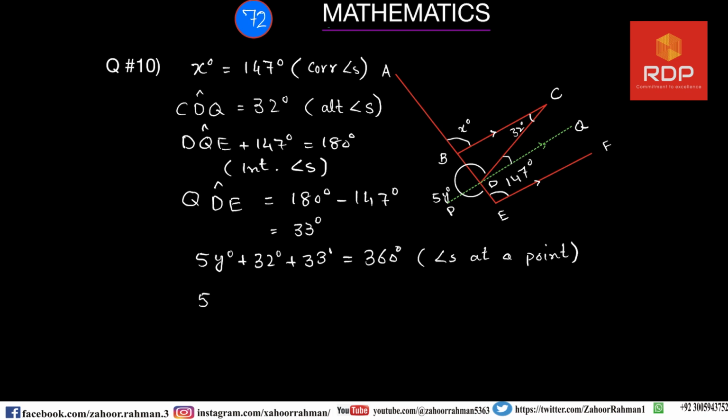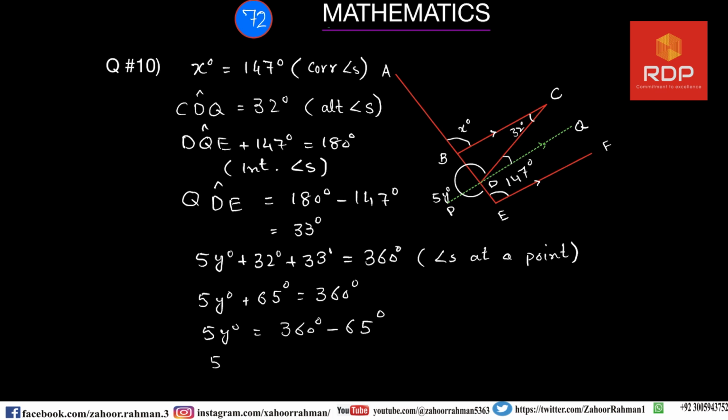So now I am writing 5y degree plus, if I add this 32 with 33, then we will get 65, and I wrote it exactly in the same fashion. So now 5y degree is equal to 360 degree, and if I shift it to the right side of the equal symbol, then it will be negative 65 degree.